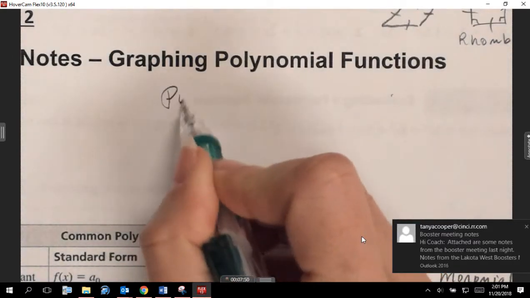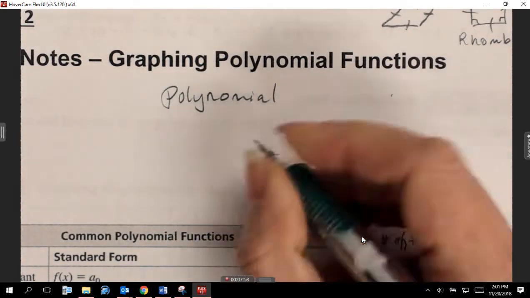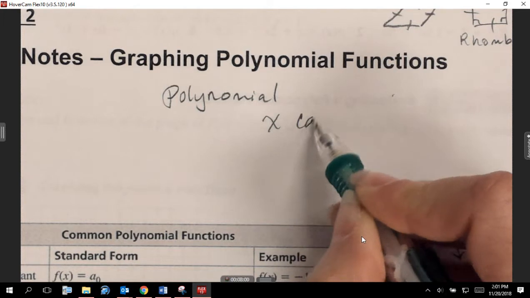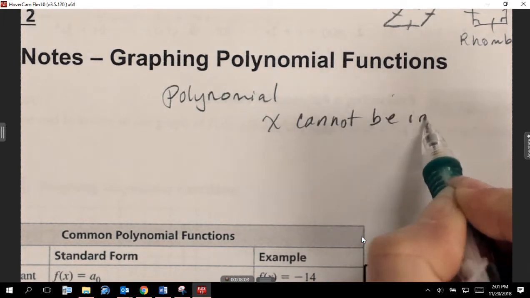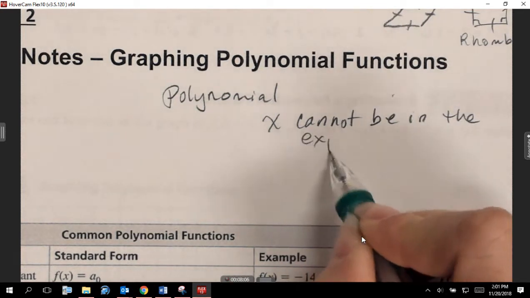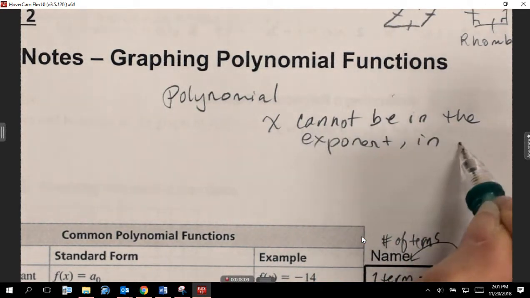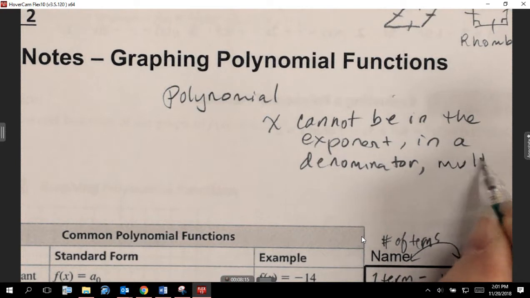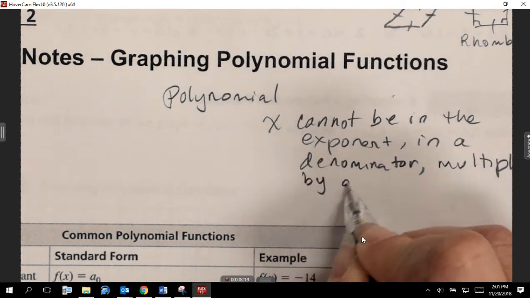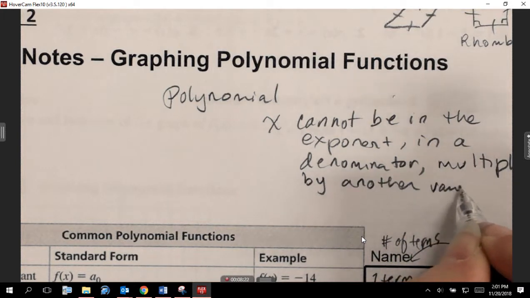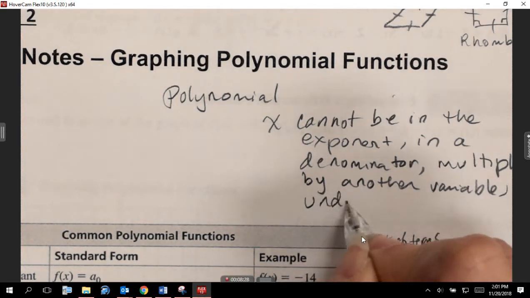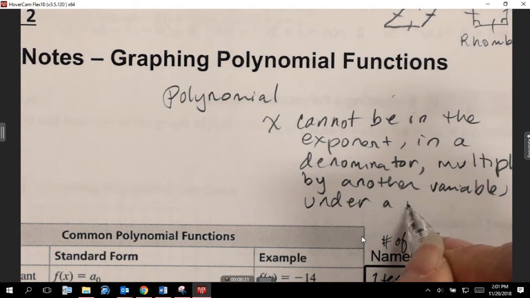If it's a polynomial, it's going to be written in standard form, but things that people don't realize are that x cannot be in the exponent, in a denominator, multiplied by another variable, or under a radical, a square root or a root of some sort.